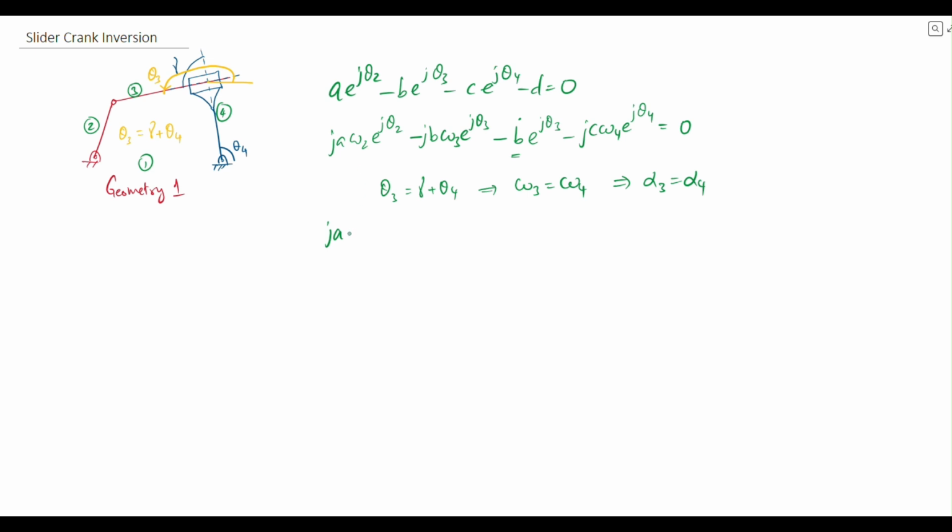So let's write the acceleration equation.